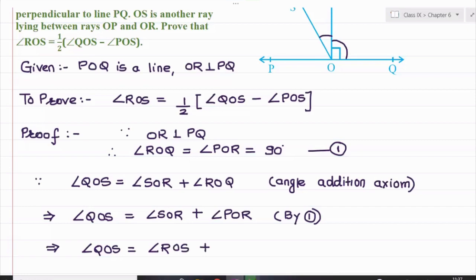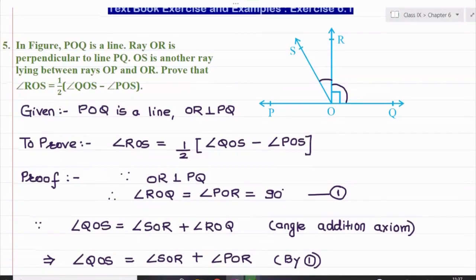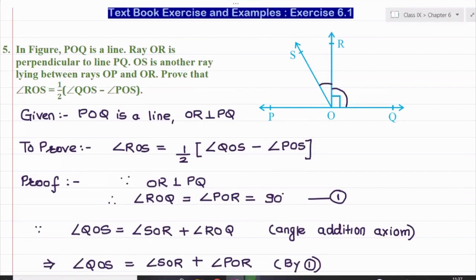Now observe the angle POR carefully. Angle POR is also the sum of two other angles. Which two angles? I will mark with the double line so it will be clear to you. One angle is angle POS and another angle is angle SOR. Observe these two angles. If I add angle POS and angle SOR, we will get the angle POR.